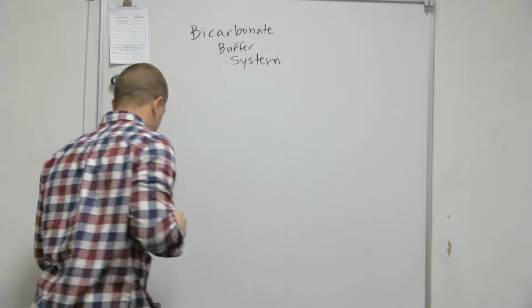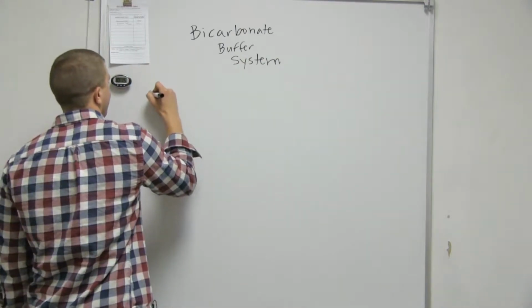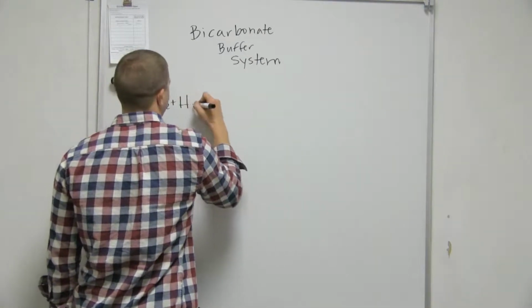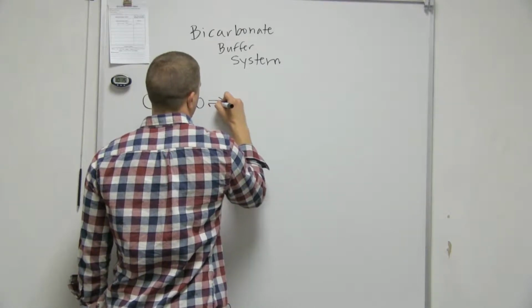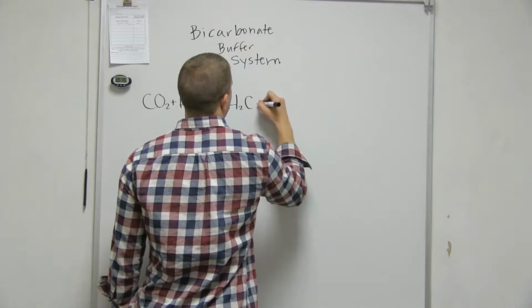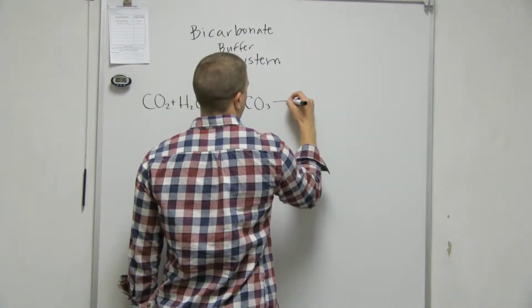Okay, do you remember the chemical equation for it? I know the middle one. There you go. That's the most important one. CO2 with hydrogen equals H2CO3. I had the 3 and the 2 backwards.